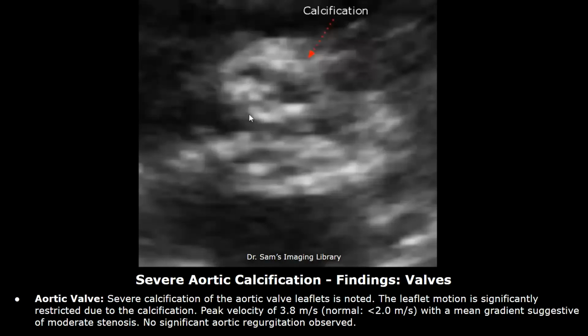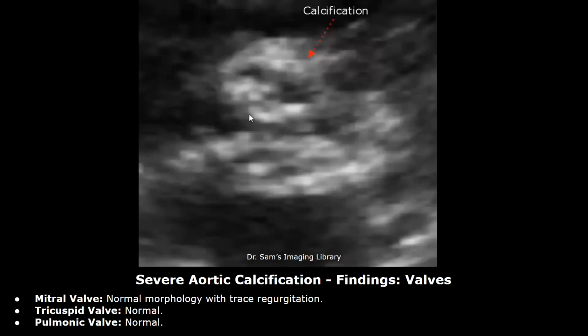The leaflet motion is significantly restricted due to the calcification. Peak velocity of 3.8 meters per second with a mean gradient suggestive of moderate stenosis. No significant aortic regurgitation observed.